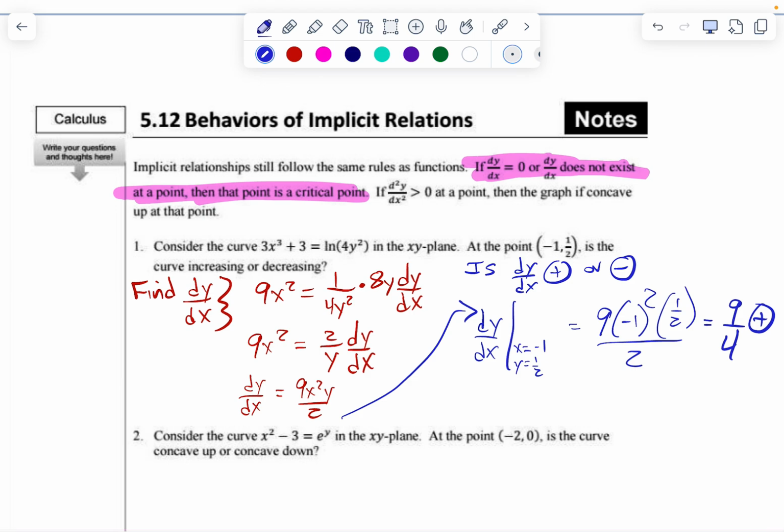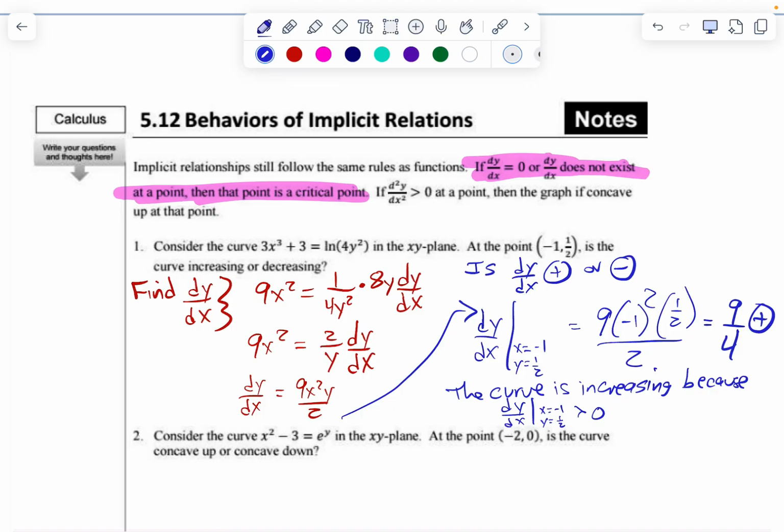So is this increasing or decreasing? Okay, this is kind of interesting. We can't say f is increasing because we don't have a name. It's just the curve. So the curve is increasing because dy dx is greater than 0. Actually, we do need to state the point. At x equals -1, y equals 1/2, dy dx is greater than 0.